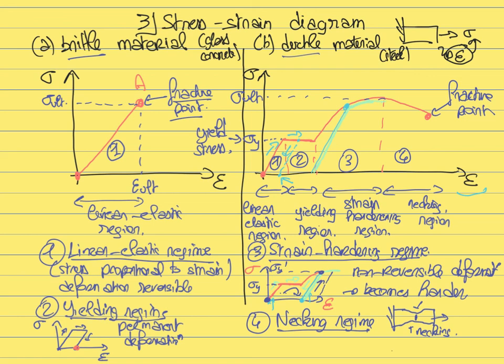Then you have some strain hardening, which is when the material will now start to exhibit an increase in the stress with the strain, and then eventually you have this necking that is responsible for a decrease in the stress, despite the fact that the strain continued to increase. So in this case, this curve here is a little bit schematic. It's not necessarily at scale, but those are the four stages of the deformation of a ductile material.